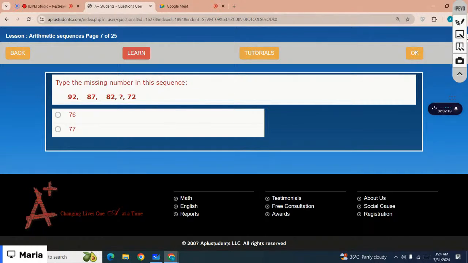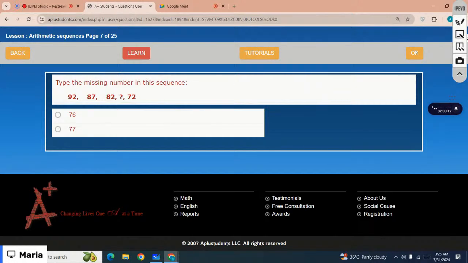Type the missing number in the sequence. So which number is missing? The correct option is 77.